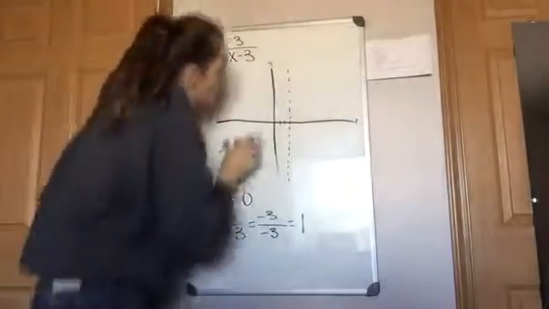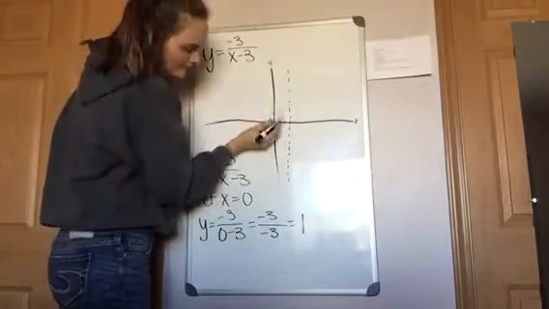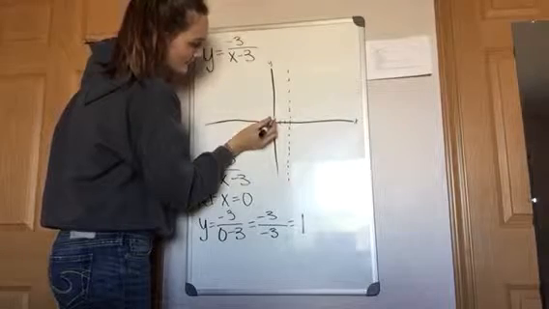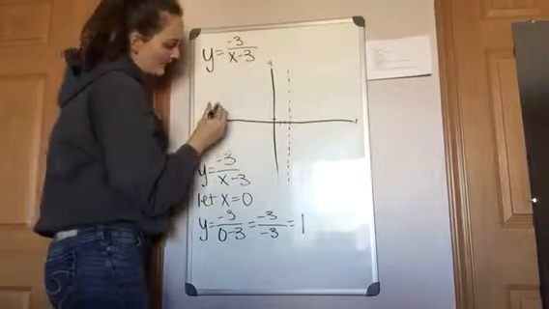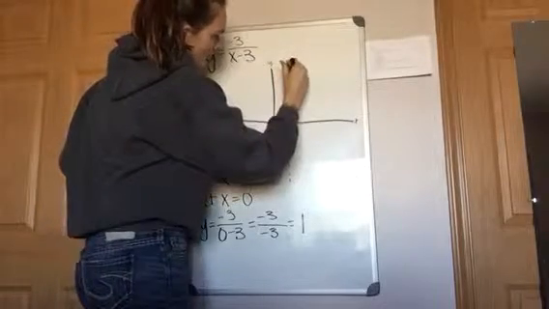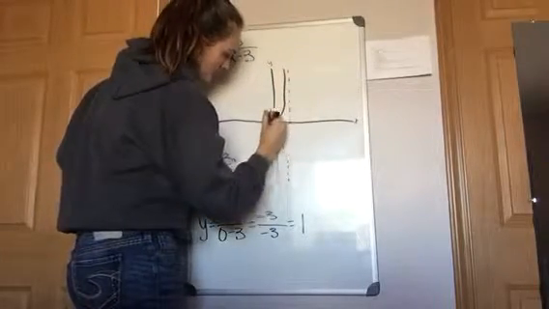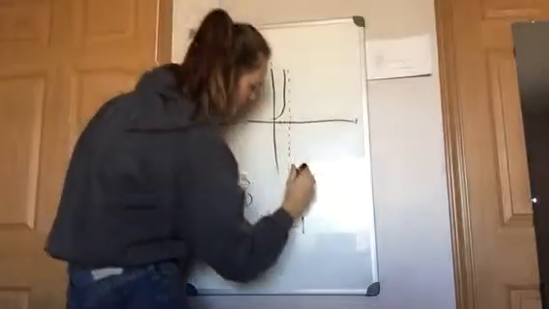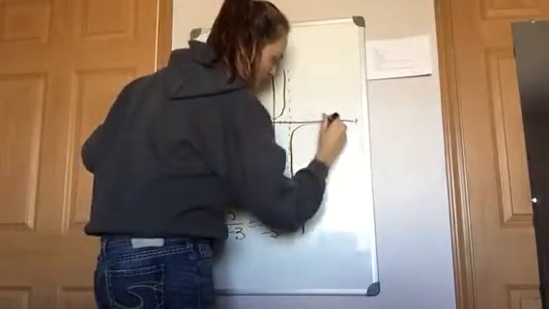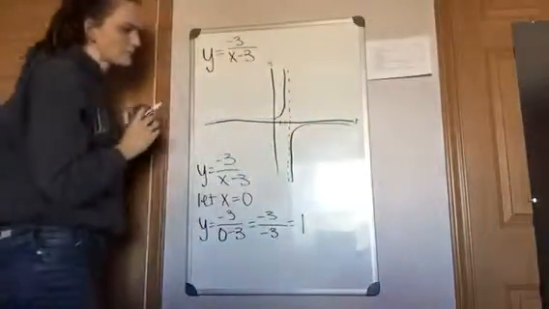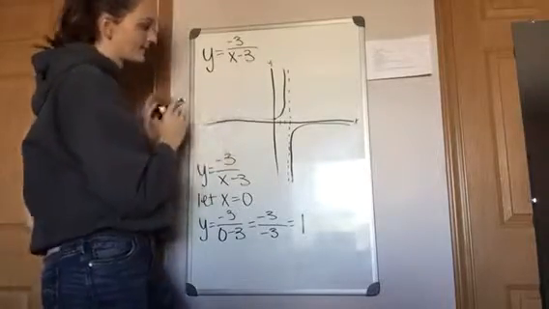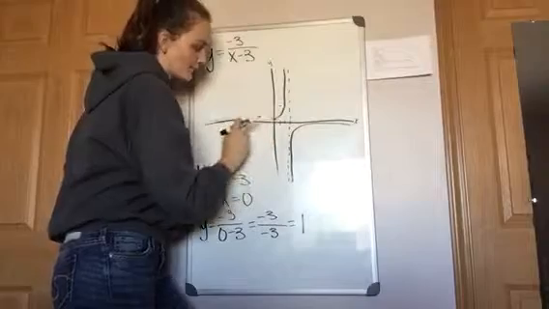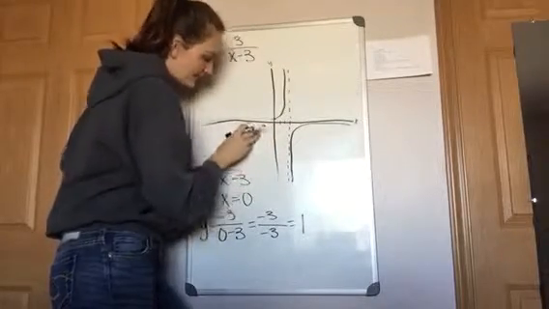So when x equals 0, y equals 1. So we know that our graph goes like this. And we can't ever cross the x-axis. There won't ever be an x-intercept.